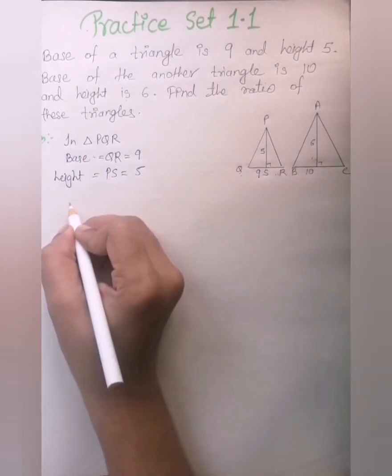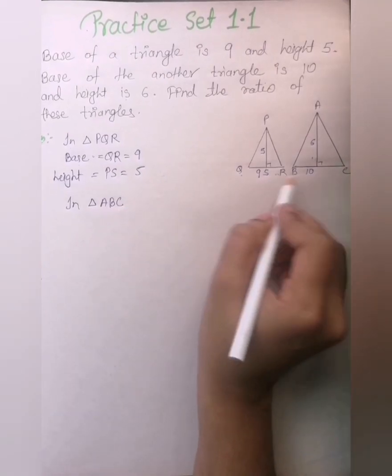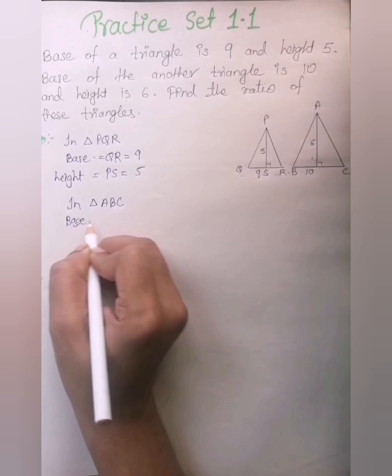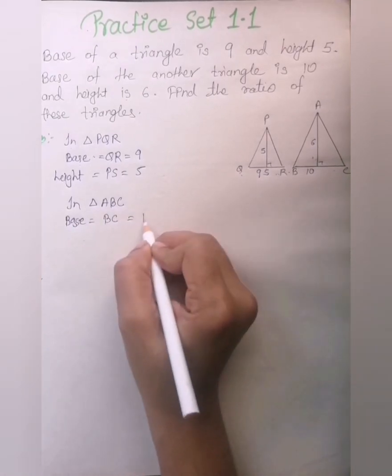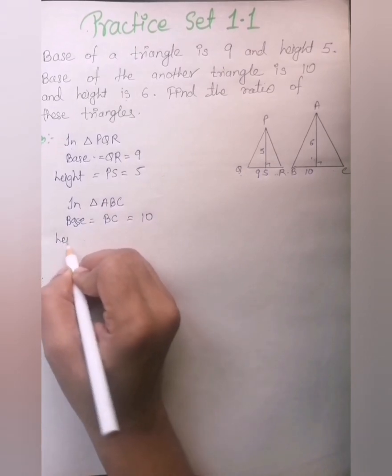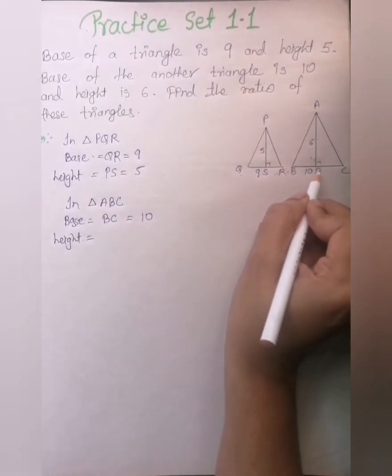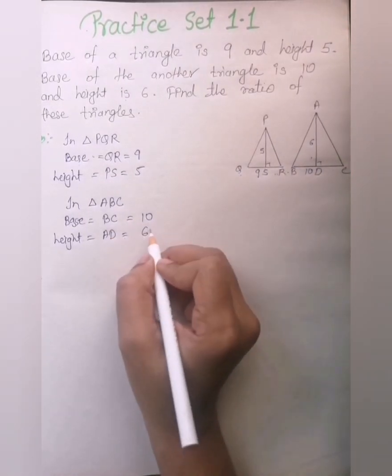Now come to the second triangle. In triangle ABC, write down the base: base equals BC equals 10. Now the height is AD, so AD equals 6.